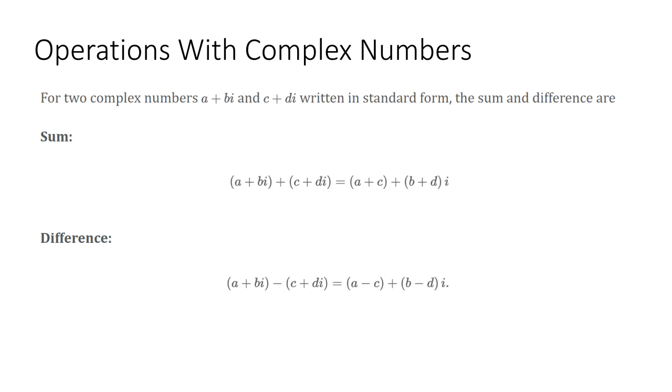Okay? And that's how you do this basic operation of adding complex numbers. Same thing, the subtraction or difference of complex numbers. The way you're going to subtract two complex numbers is subtract the real with the real and the imaginary with the imaginary. Okay. So again, best way to see these is with examples.